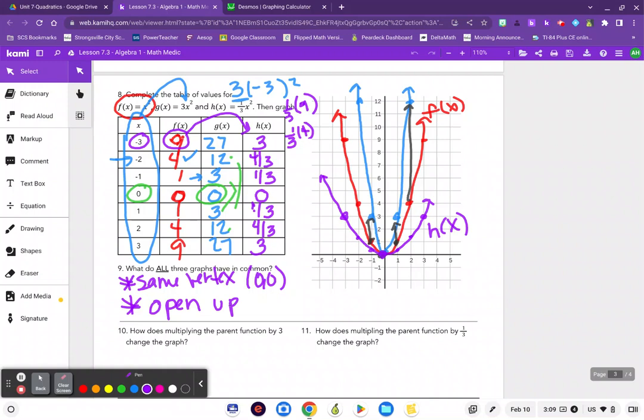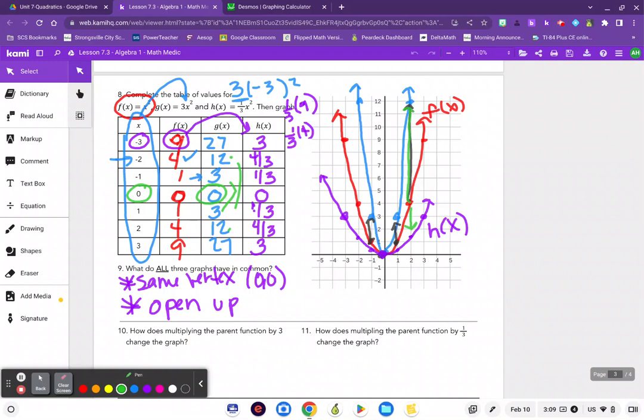But to me, this h graph looks wider than the parent function. It looks like it's being pushed down a little bit. If I go to this point at (2, 4), it looks like that y value got pushed down, whereas the 3 made my y value get pulled up.